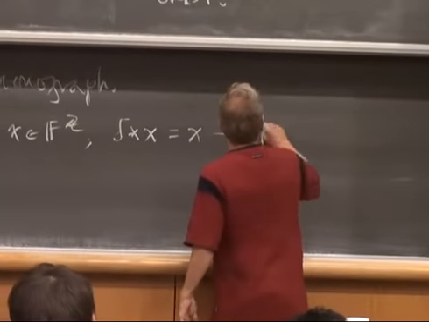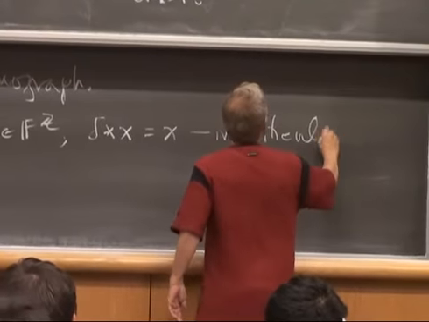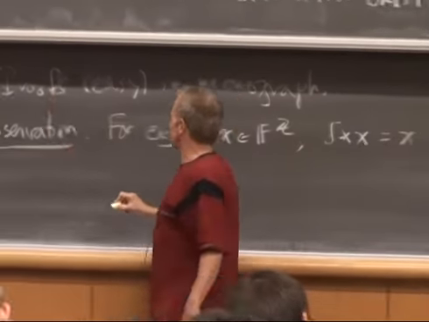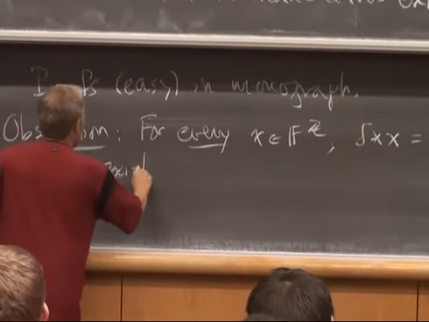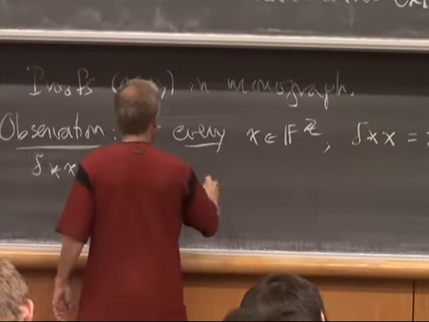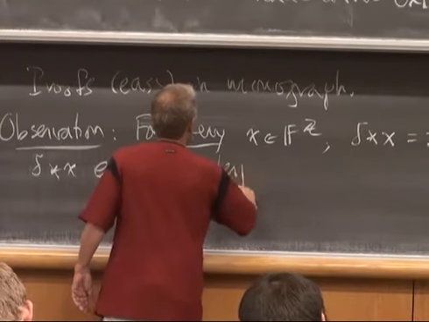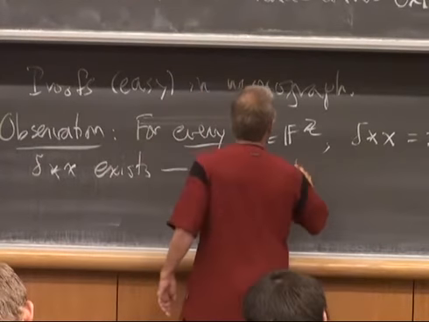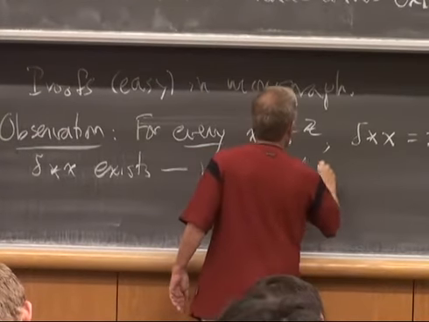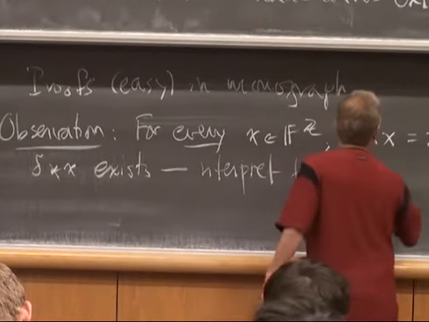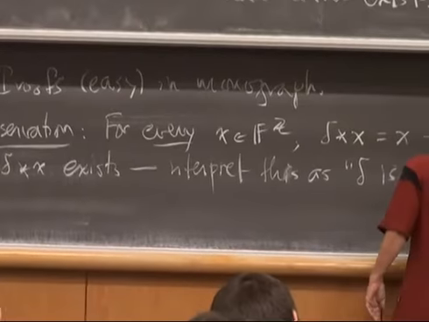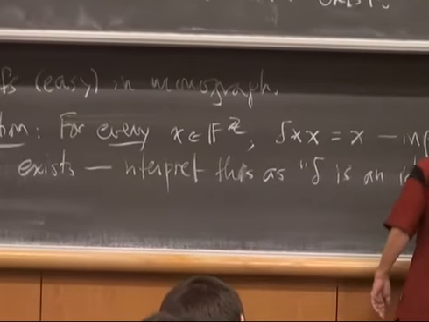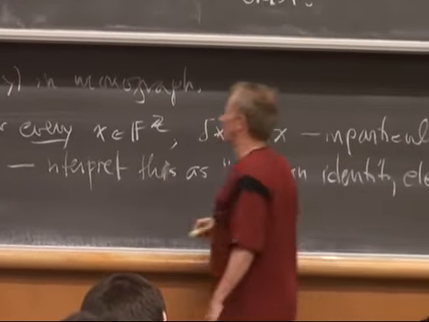So in particular, delta convolve with x exists, and the interpretation of this is that, quote-unquote, delta is an identity element for discrete time convolution.